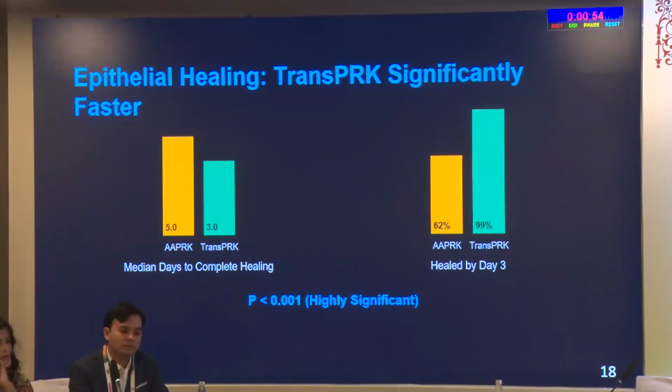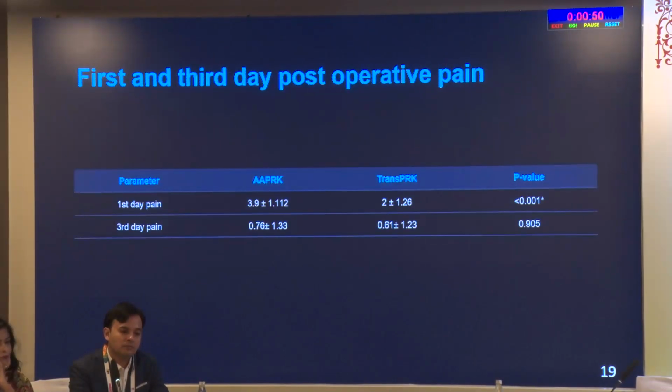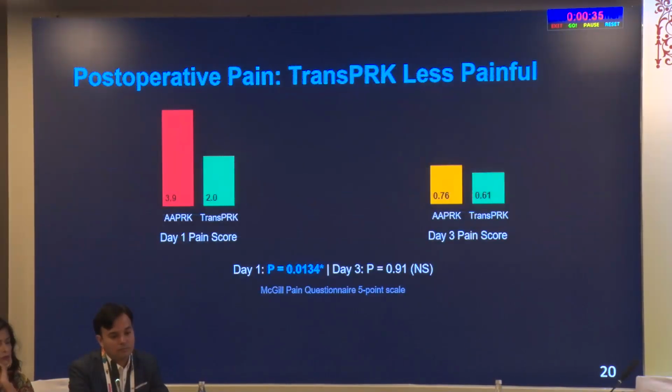By day 3, almost 90% healed, and in alcohol ablated, only 62% showed significant healing. On the first post-operative day, the pain was more in the alcohol ablated group, whereas by day 3, the pain was almost settled and comparable.